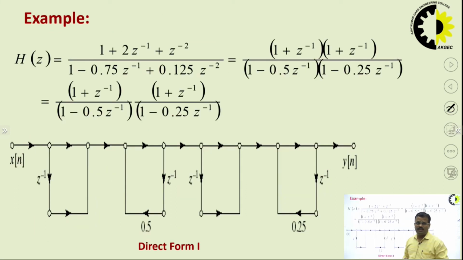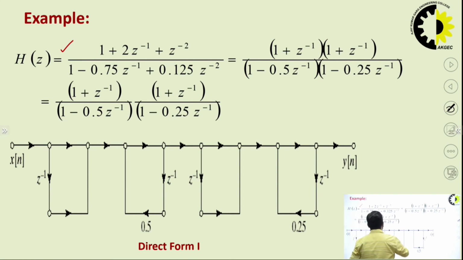Now, we can see this in an example also. So, H of Z is given to you, okay. This is your H of Z. Now, you have to convert this H of Z into product terms. How is it possible? You can make your expression into product form by using factorization.